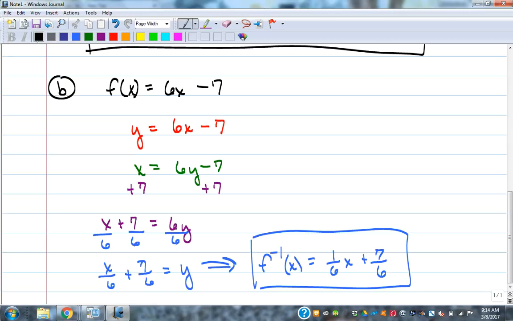Well, you're swapping x and y to find the inverse, and then get y by itself. And this y is the inverse. It's not really swapping x and y twice. It's swapping x and y once and then solving for y to get the inverse of what you're doing.